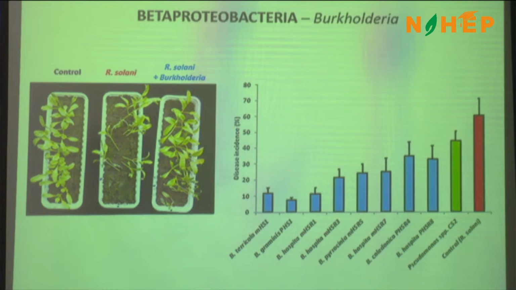There were some that were more efficient than others, but in general, all of them were able to protect. That's a quite nice result. In vivo, they have some kind of activity, okay? So my message here is that if you see a strain that in vitro is not doing much or nothing, it could be that in vivo it's doing something, okay? Good.